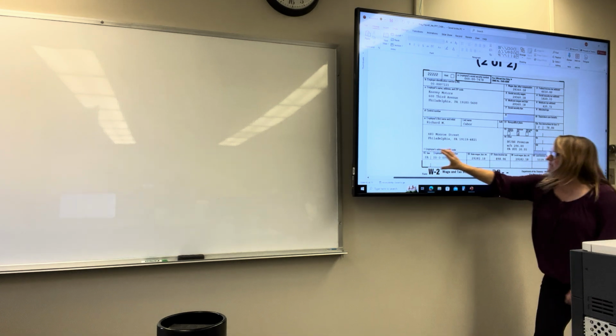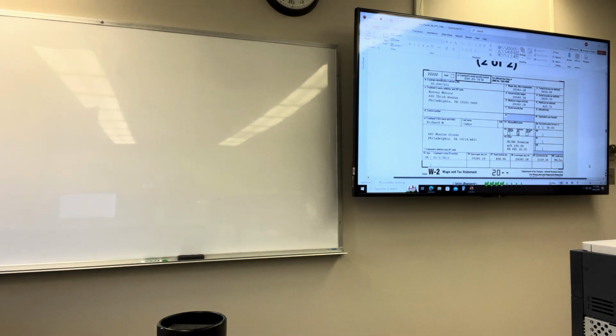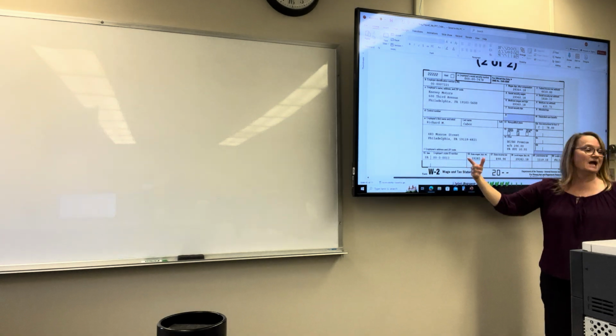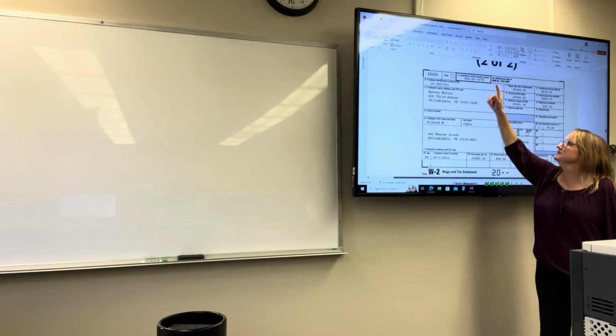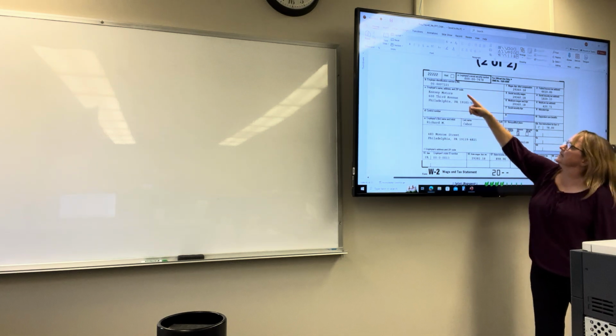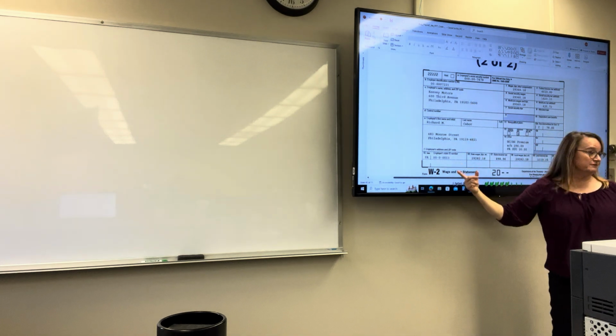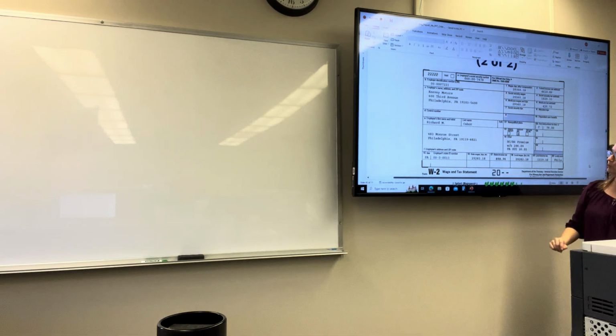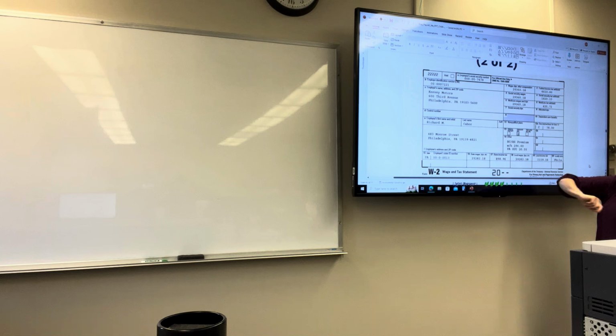Then everything down here pertains to the state information. So we've got a state employer's ID number. A lot of states will just use the EIN. Sometimes they have different ones though. So the state name here, employer's state ID number, and then the state wages. And you can see this actually is different.